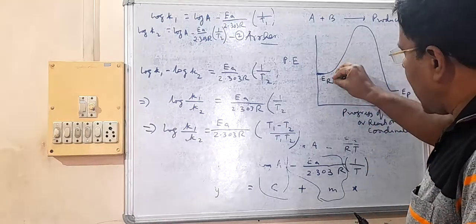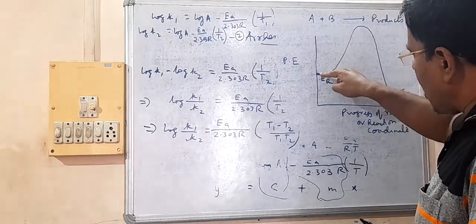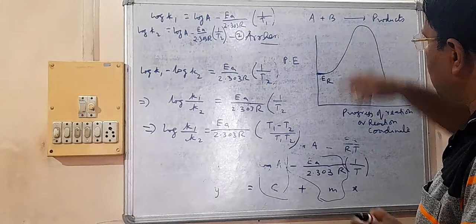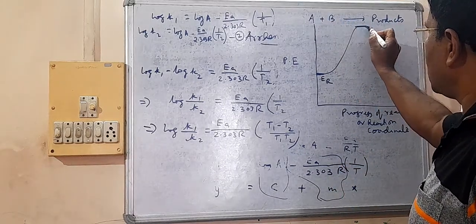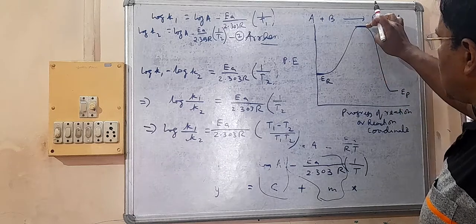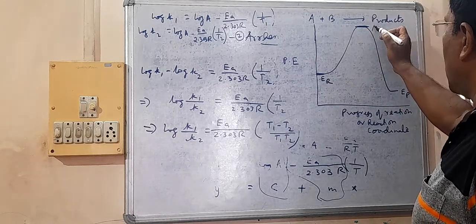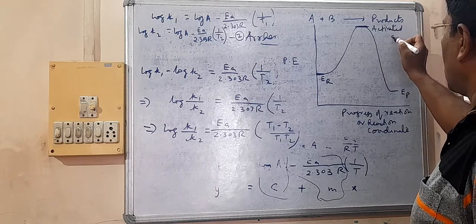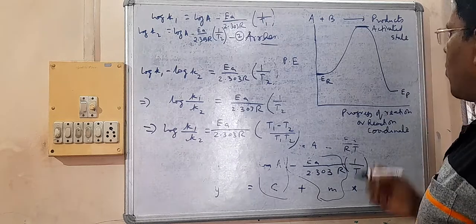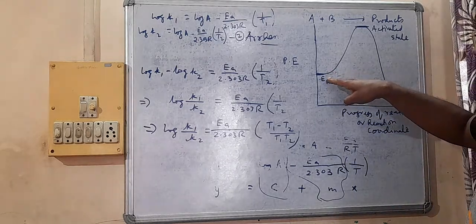Now the reactants, as you can see, have to come to a higher energy state, and when the reactants are at this state of higher energy, this is called the activated state. The reactants cannot just change into product.